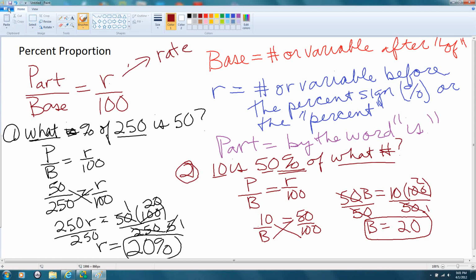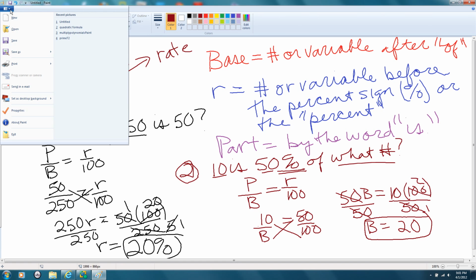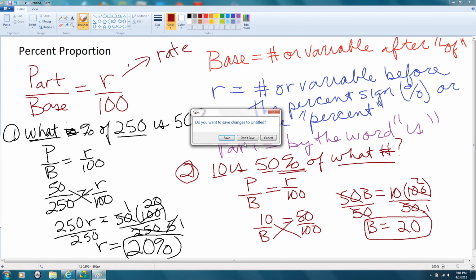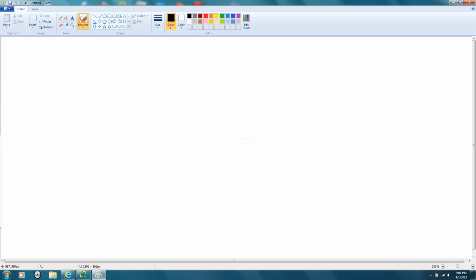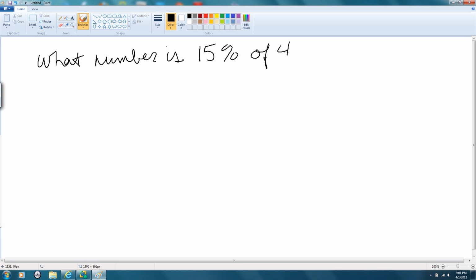I do need some more room here, so I'm going to go to another page. I won't save that. And then our third example is going to be this. What number is 15% of 40?